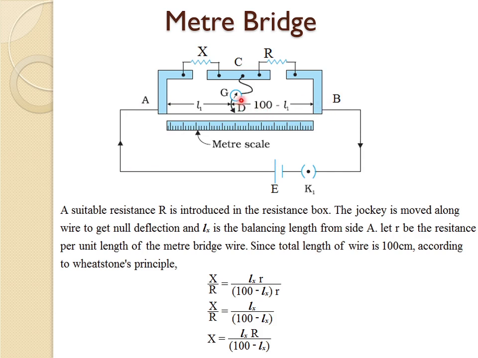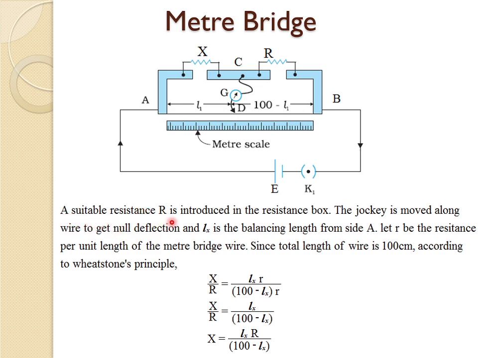And a galvanometer, capital G, is connected between the central terminal C and a jockey J, which can be slid along the wire. In the figure you can see one end of the galvanometer is connected to the central terminal C, and the other end is connected to a jockey which can be slid over the resistance wire. Now this is our arrangement. Now we can do the experiment.